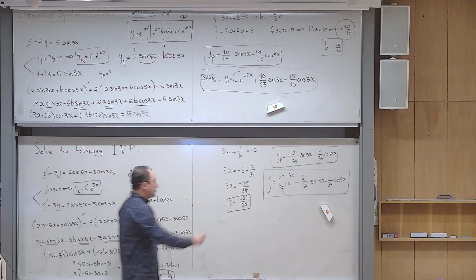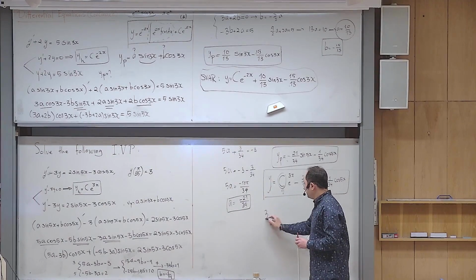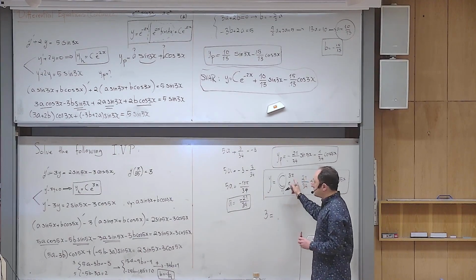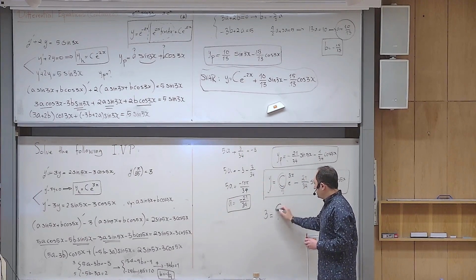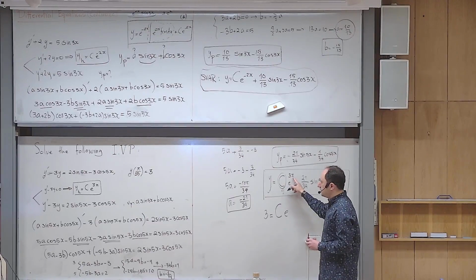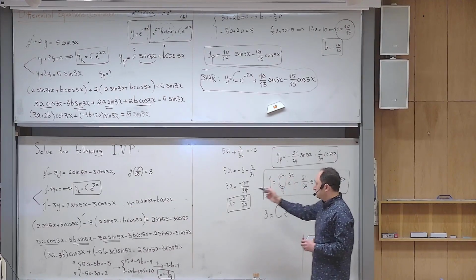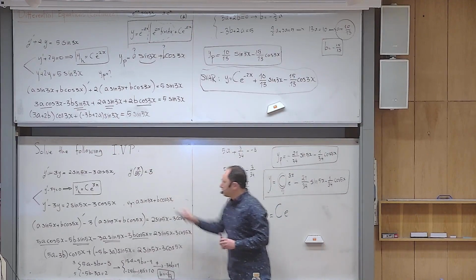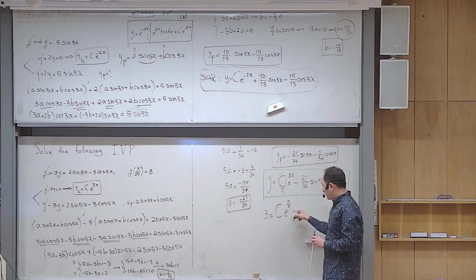So instead of y, which is my output, I put 3, and instead of x everywhere, I put pi over 15. So c is still not known. E to the power of 3 times x, 3 times pi over 15, let me do it in my head, which becomes pi over 5.